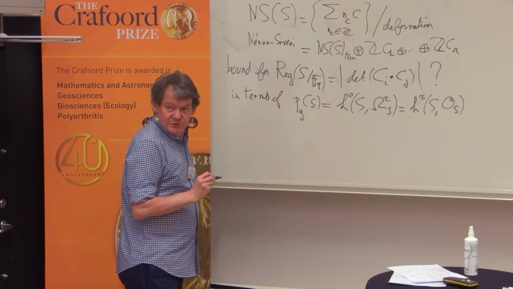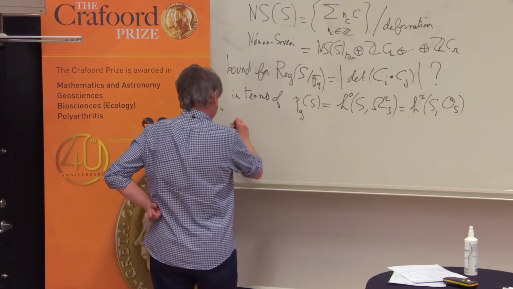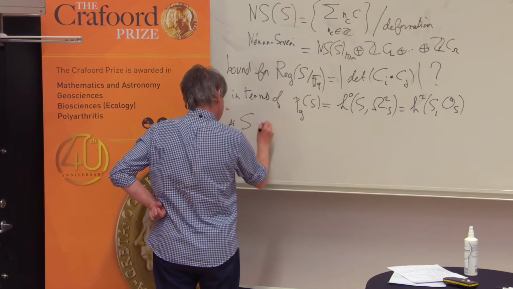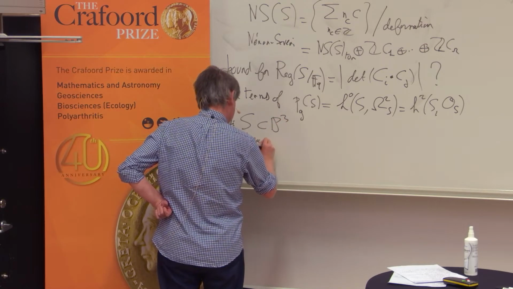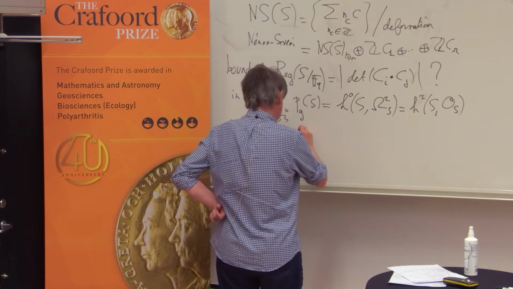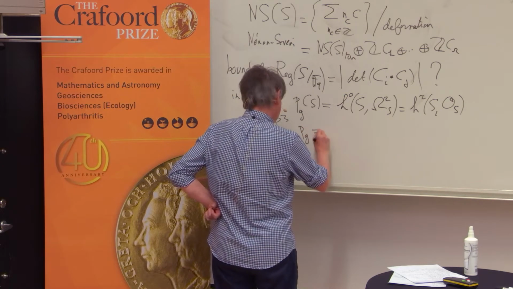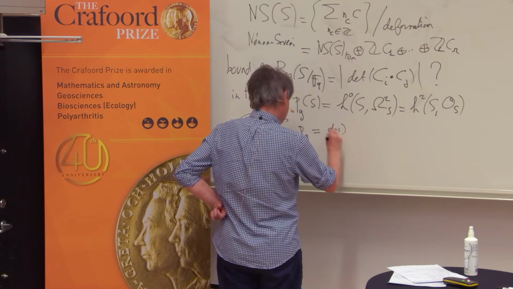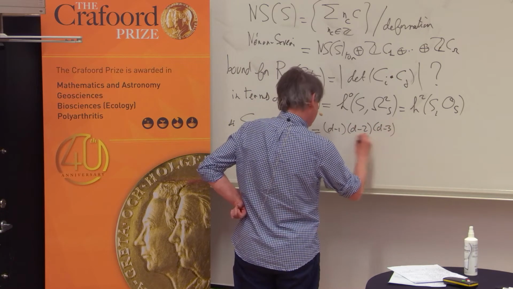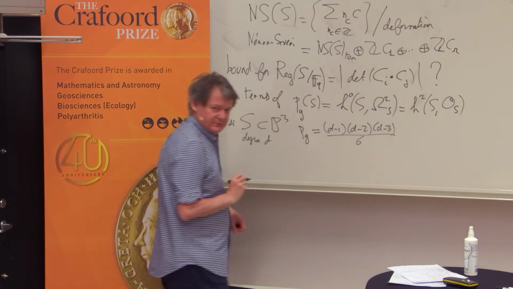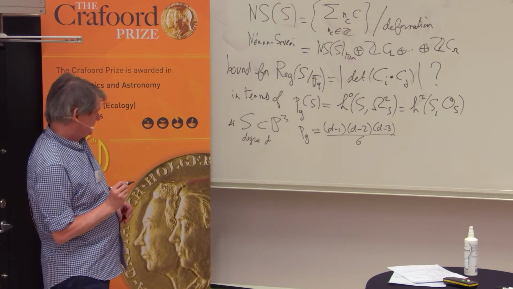Let's say, to be concrete, if S is in P3 of degree d, this p_g is (d-1)(d-2)(d-3)/6. So that's rather concrete.